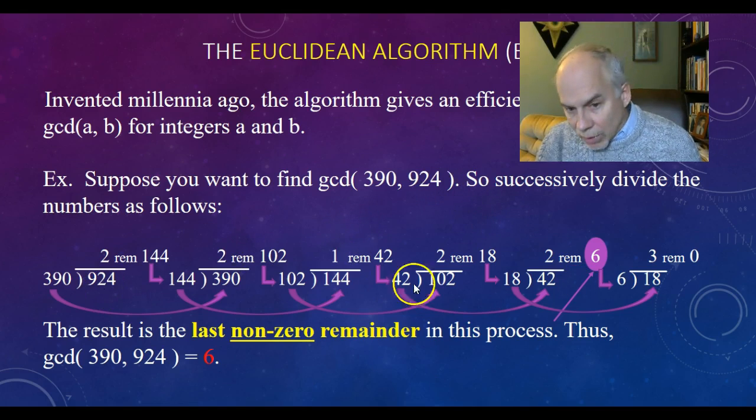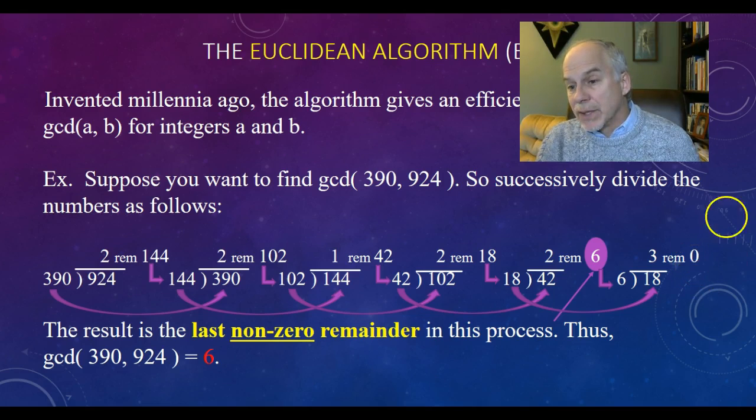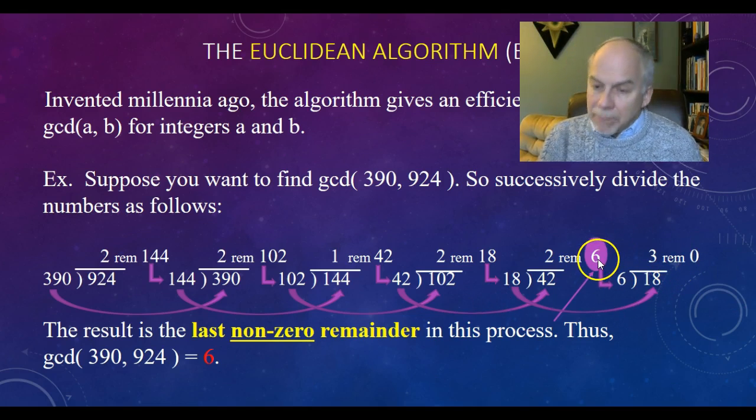So that's all you have to do: keep doing this and figuring out the remainders. You'll have to go all the way to the end until you get a remainder of 0, because you won't know to stop until that point. And then you back up to the last non-zero remainder, and that's your GCD.